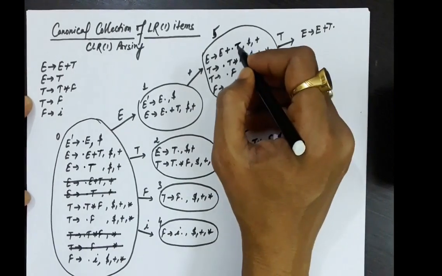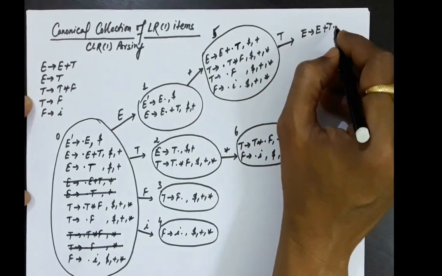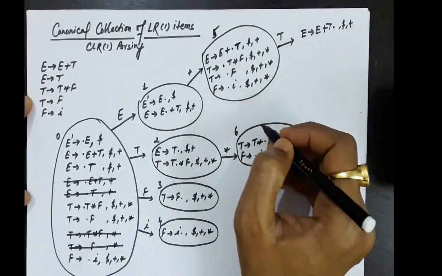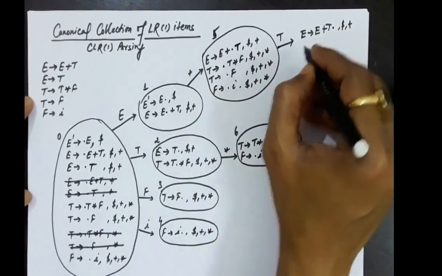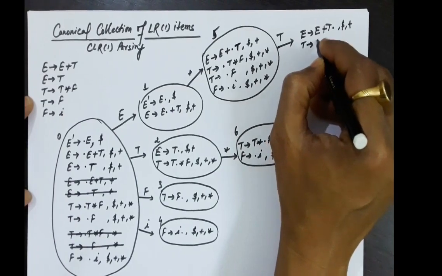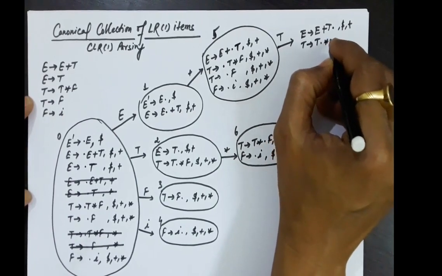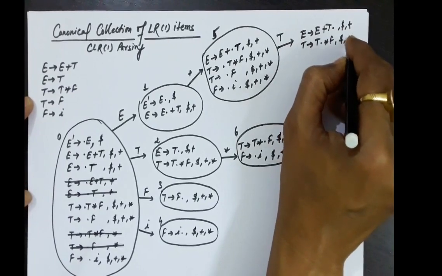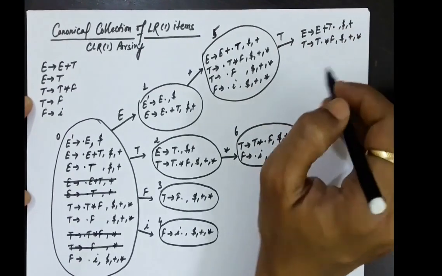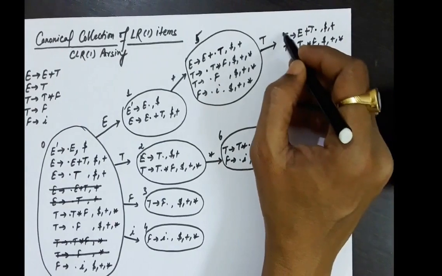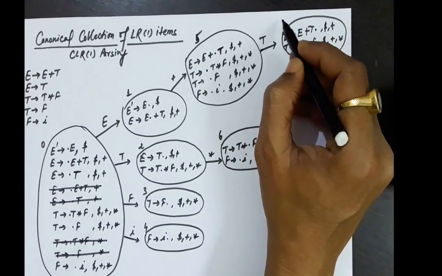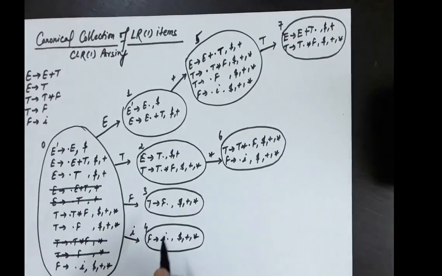Why dollar and plus? Because you are shifting the position of the dot, so the look aheads will remain the same. Now the T will be shifted here also, dot will be shifted after the T, T dot star F with dollar, plus and multiplication sign as the look ahead. Fine. This is state number 7.